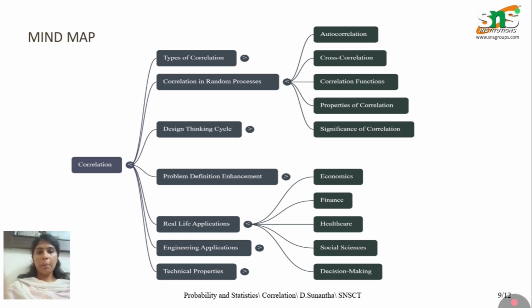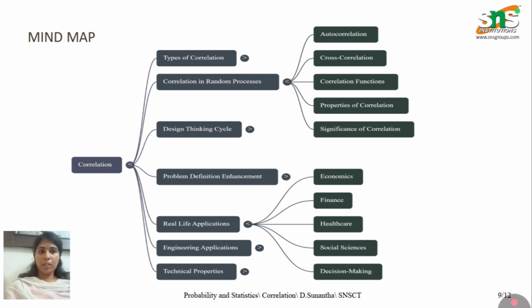Next is the mind map of what we have seen in this video. First, we have discussed about the types of correlation, that is positive correlation, negative correlation, autocorrelation, cross correlation. Next, design thinking cycle we have discussed. Next, problem definition enhancement.